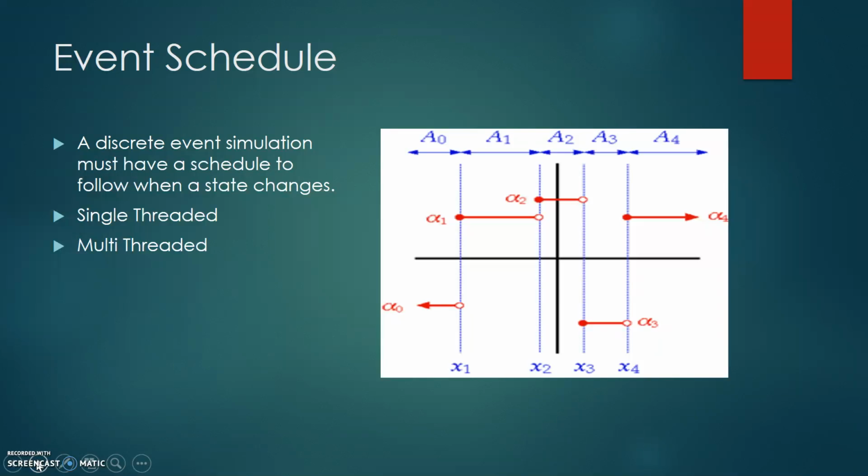There can only be one event that is taking place at a certain time. A multi-threaded event schedule is when more than one event can happen at one time. Typically, when you have a multi-threaded discrete event schedule, you have to keep track of when exactly the ending condition of the system is.